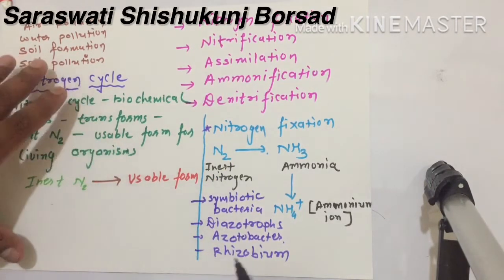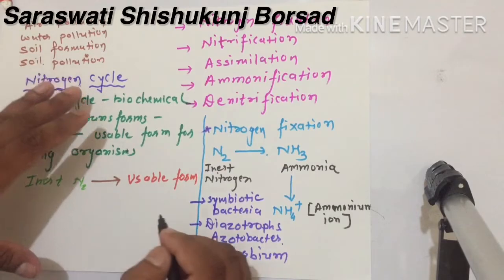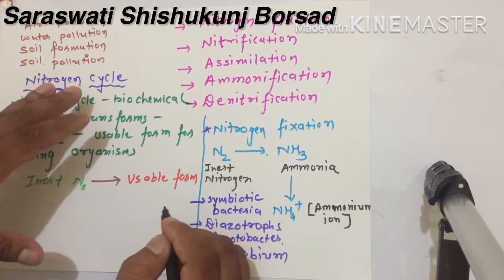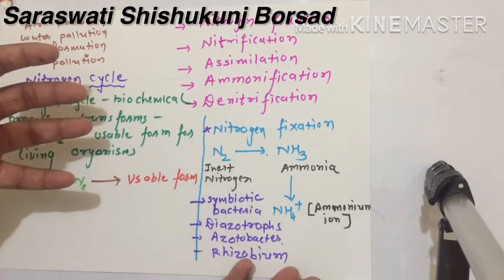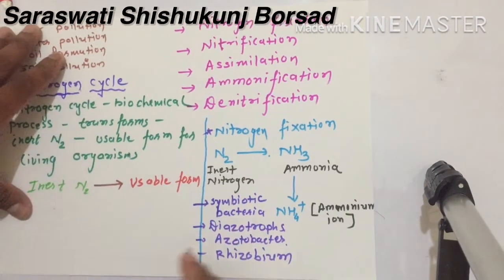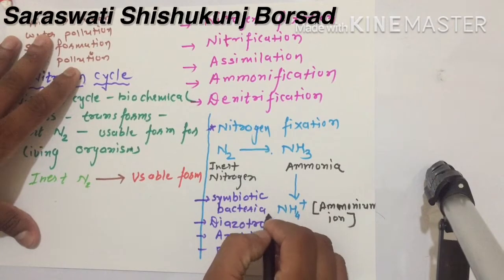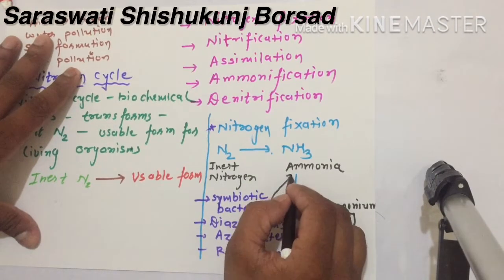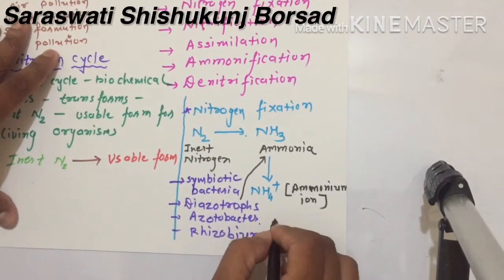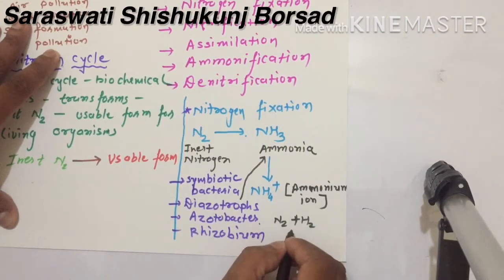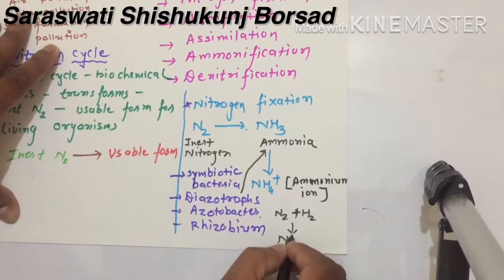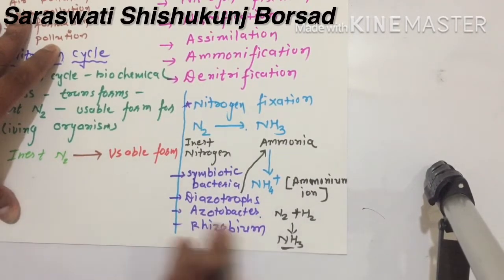The bacteria contain the nitrogenase enzyme, which has the capability to combine gaseous nitrogen with hydrogen and form ammonia, right? So the nitrogen and hydrogen get converted into NH3, which is our ammonia.